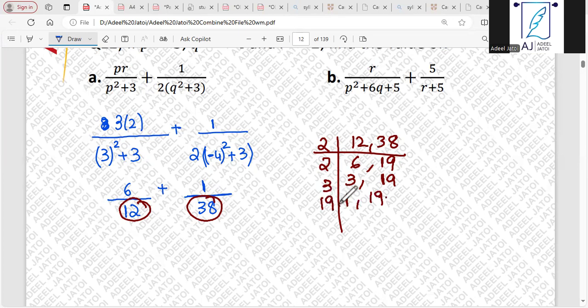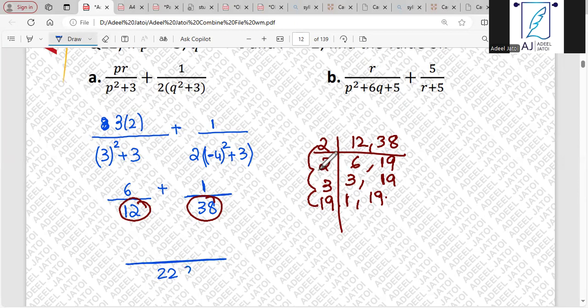So considering this, 19 into 3 into 2 into 2. So 19 into 3 is 57. 57 into 2 is 114. 114 into 2 will be 228. So that means the LCM of this will become 228.